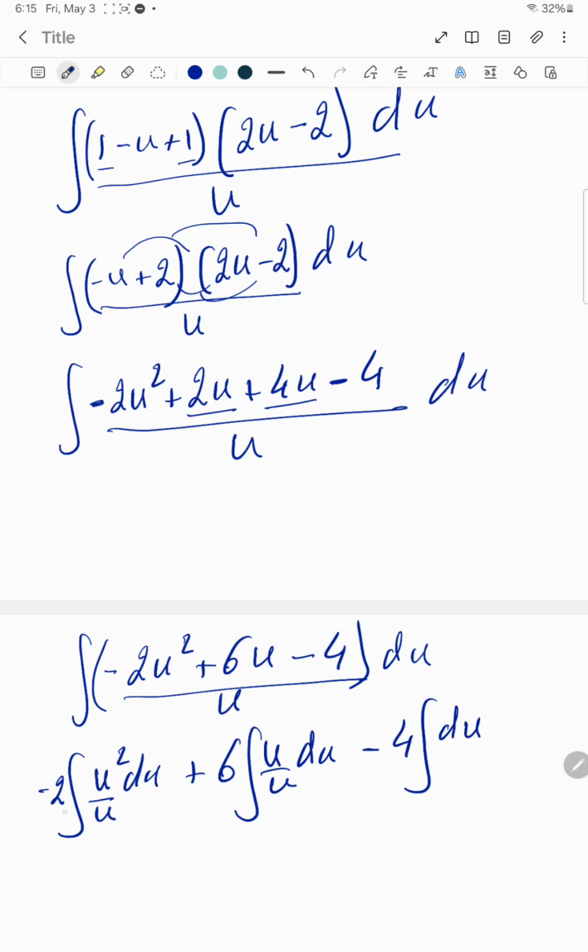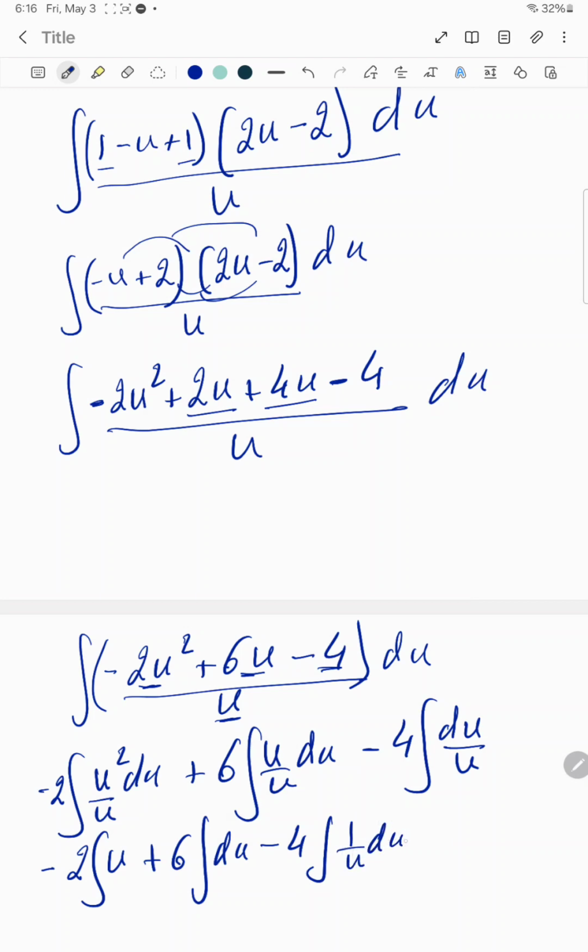Because I simplify by u, this becomes minus 2 integral of u du plus 6 integral of 1 du minus 4 integral of 1 over u du.